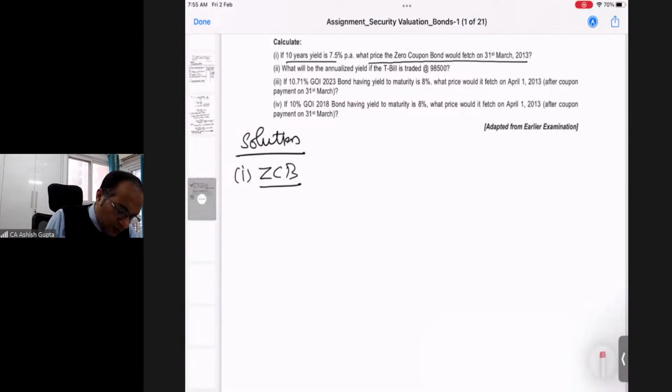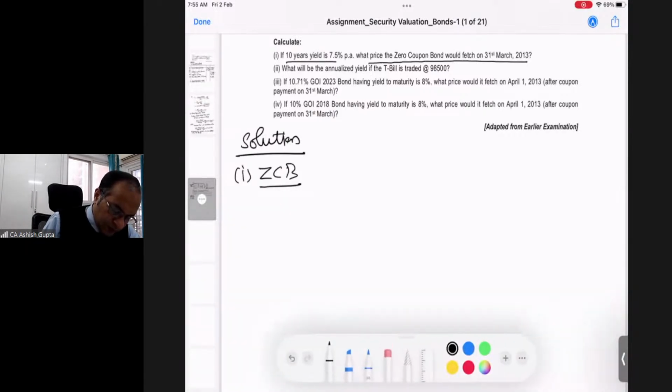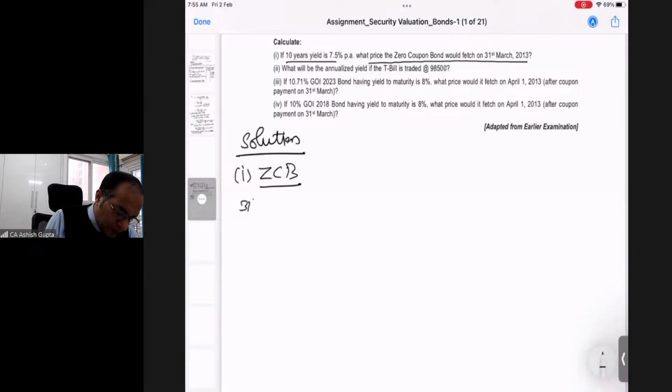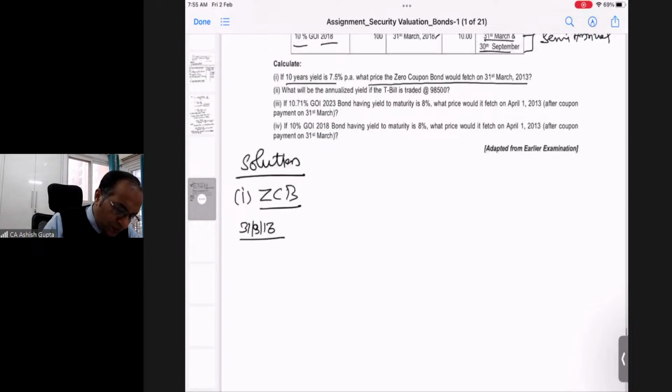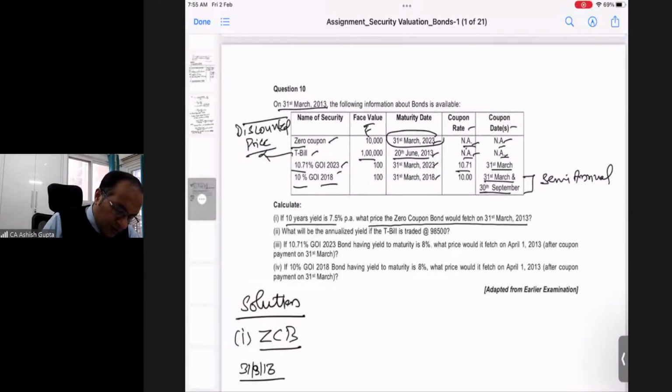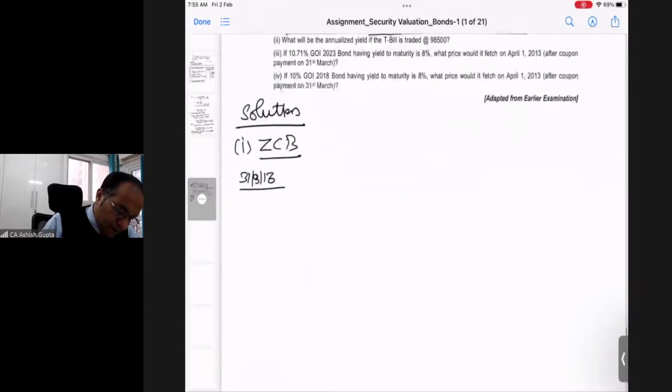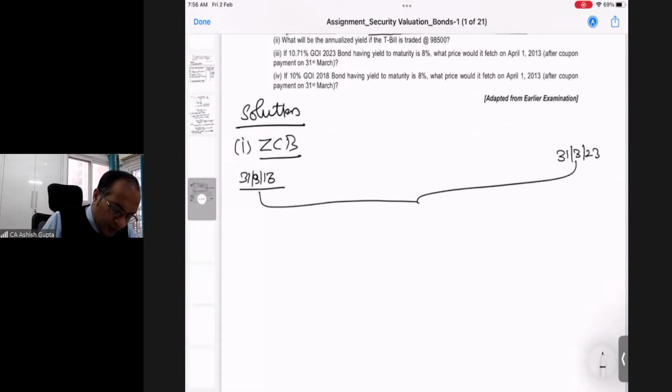Student, please note, today is 31st March 2013. Now this bond will be redeemed on 31st March 2023, sorry. Now there is a period of 10 years in between.